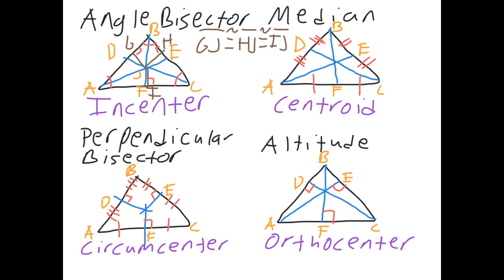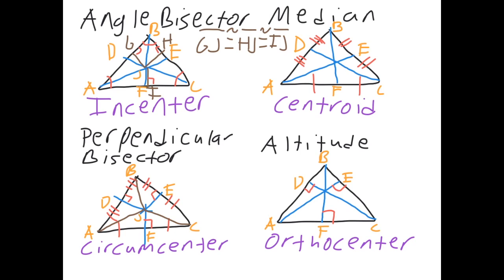Something similar works with the circumcenter. So if you have three lines all coming from the vertex and intersecting at the circumcenter, and again we'll just call our center J, then all three of those lines are congruent.